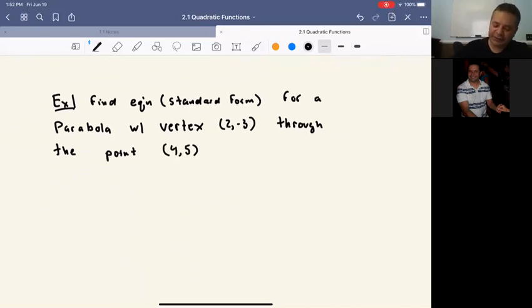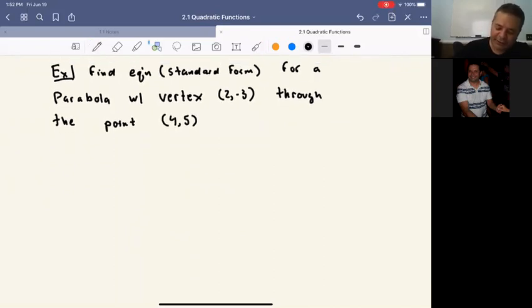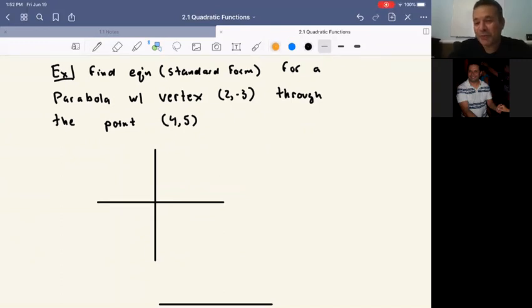Again, let's start by graphing. This is not really a necessary step, but it's a nice step to take, particularly if you have time.